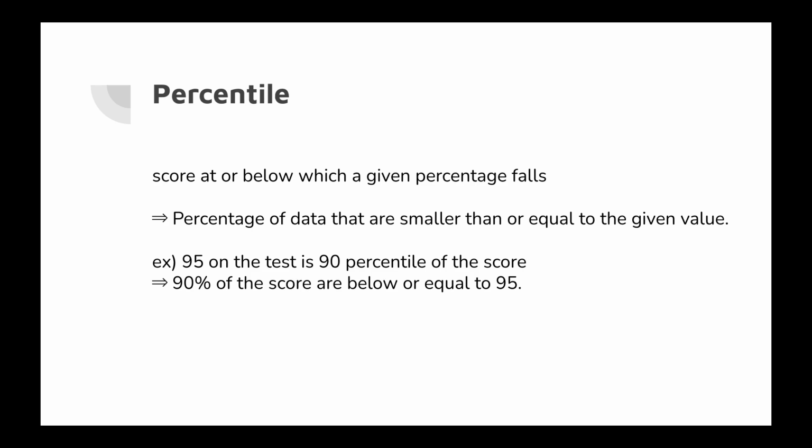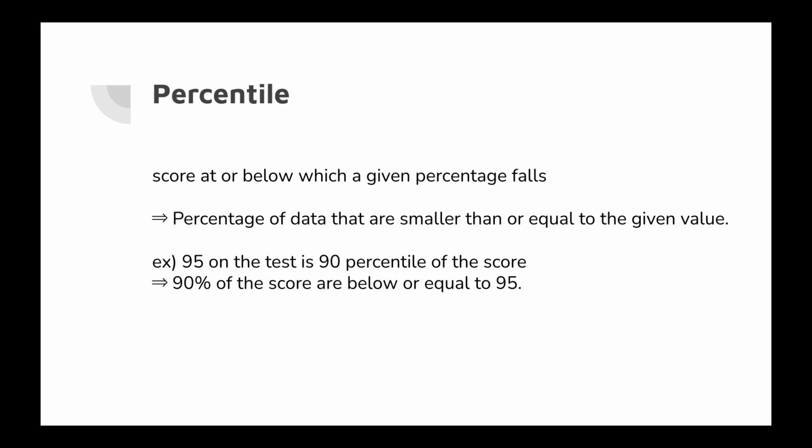So, for example, if you got 95 on a math test and your score is at the 90th percentile, that means that 90% of the scores are below or equal to 95. Let's say you have 10 students in total, including you, and your score of 95 is at the 90th percentile.